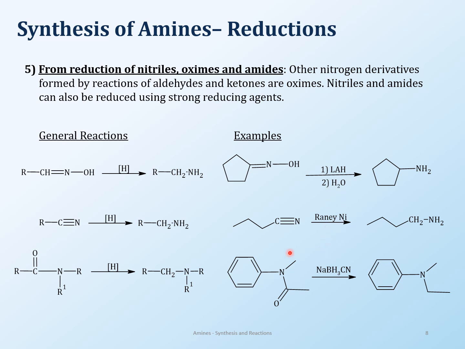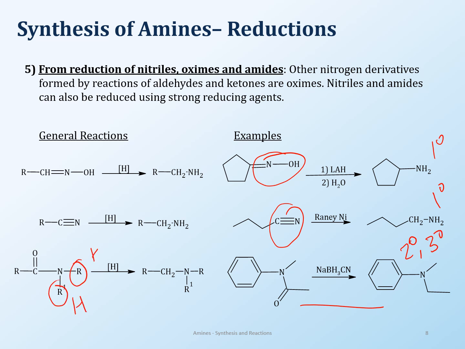Now these 2 here, the first 2, will give you only primary amines, as you can see, because there is not much variation there. And nitriles will also give you only primary, but this one can give you secondary, or it can also give you tertiary, depending on what kind of R groups you have. Do you have H and H? Then in that case, you have only 1 carbon, right? So that would be a primary. If you have R group here and H over here, that would be secondary.